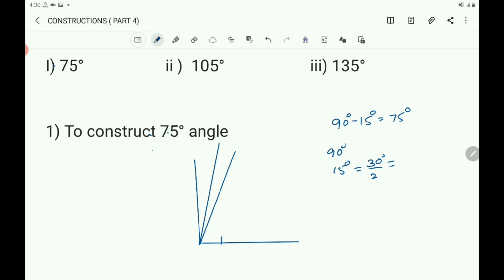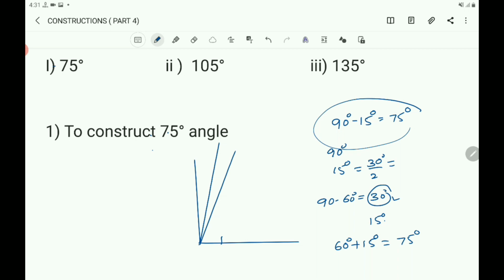First you draw the 90 degree angle and also the 60 degree angle, and angle between the 90 and 60 will be 30 degree. And if that 30 degree angle is bisected into equal angles by drawing the angular bisector, you will get 15 degree angles, and then you will get 60 degree plus 15 degree is equals to 75 degree, or that is 90 degree minus 15 degree equals 75 degree.